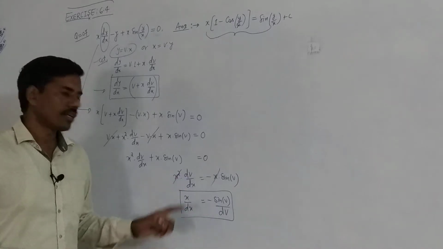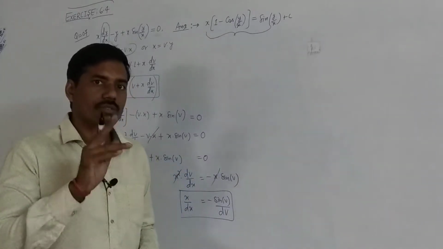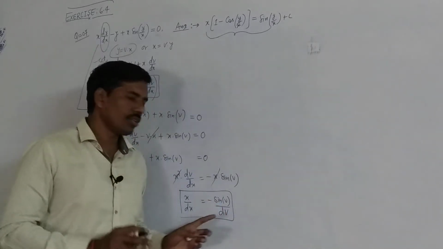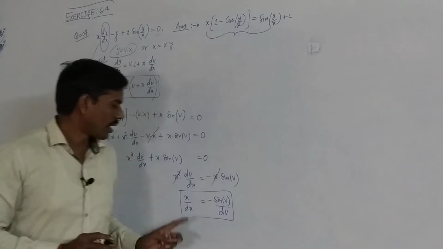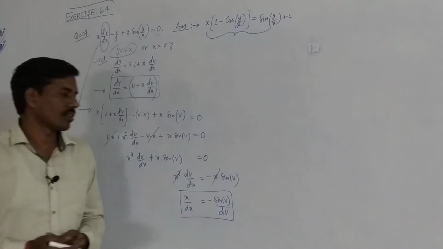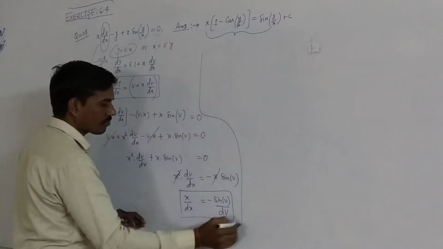Using the variable separable form, dv should be adjusted with the function of v and dx should be adjusted with the functions of x.